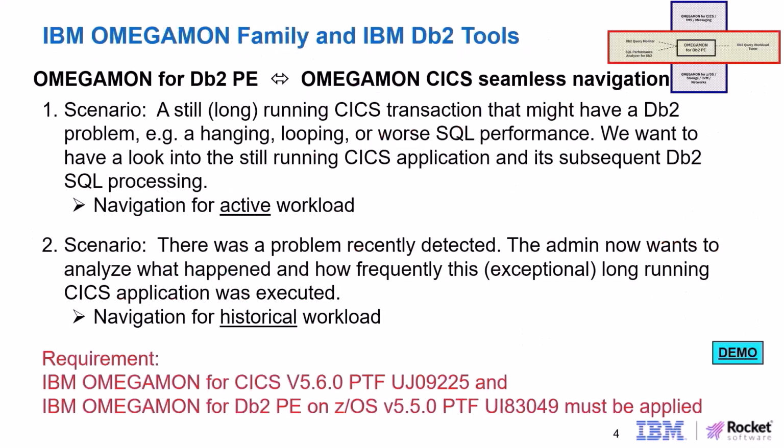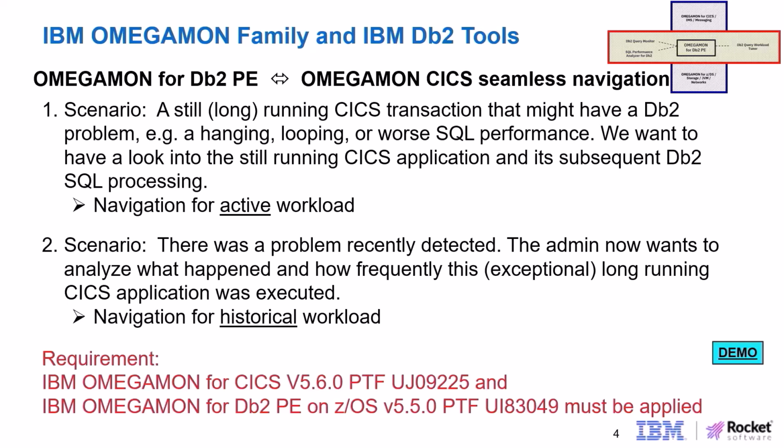We will discuss here the navigation and integration capability in Enhanced 3270 UI between OMPE and OMEGAMON for CICS monitor. We can show OMPE Db2 related data on the OMEGAMON for CICS workspaces or show CICS related monitoring data on the OMPE workspace.